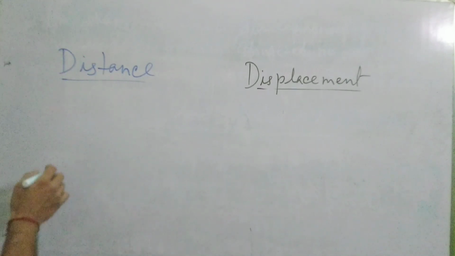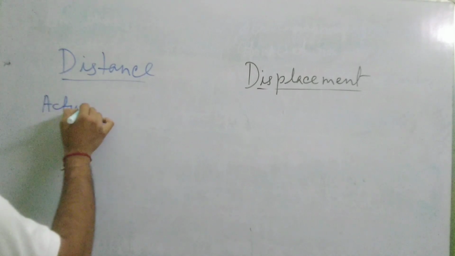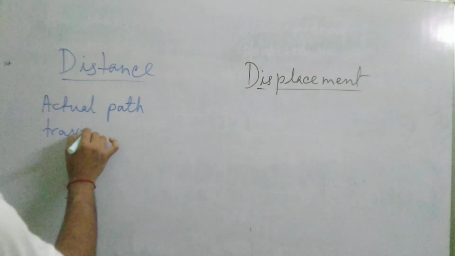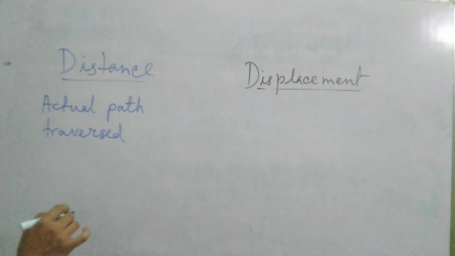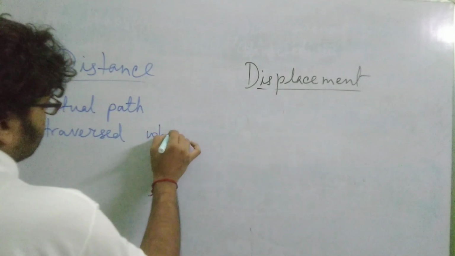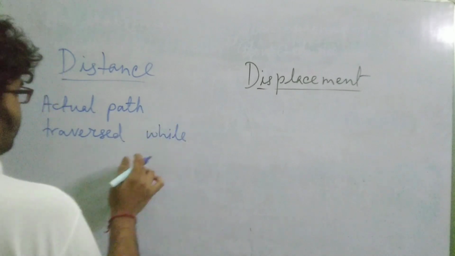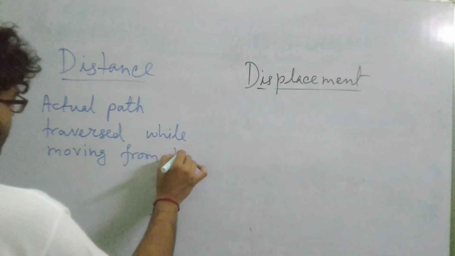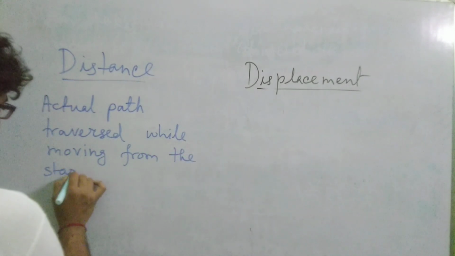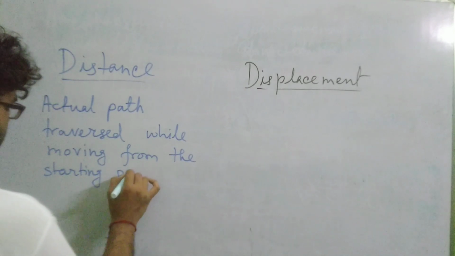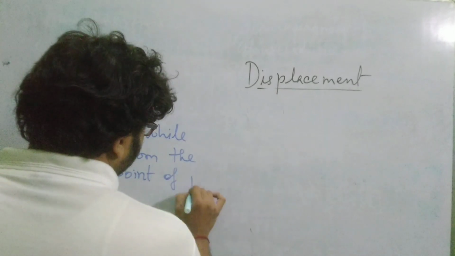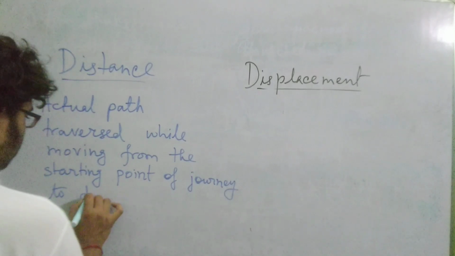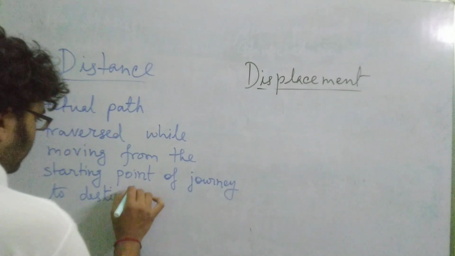So distance is the actual path traversed while moving from the starting point of the journey to the end point of the journey, to the destination point.